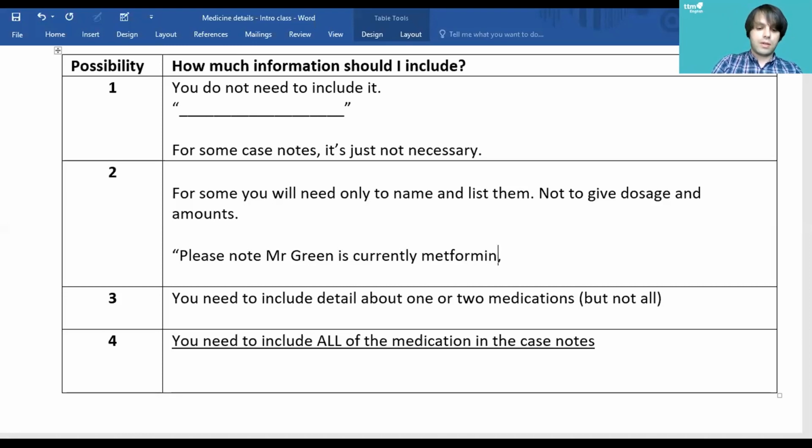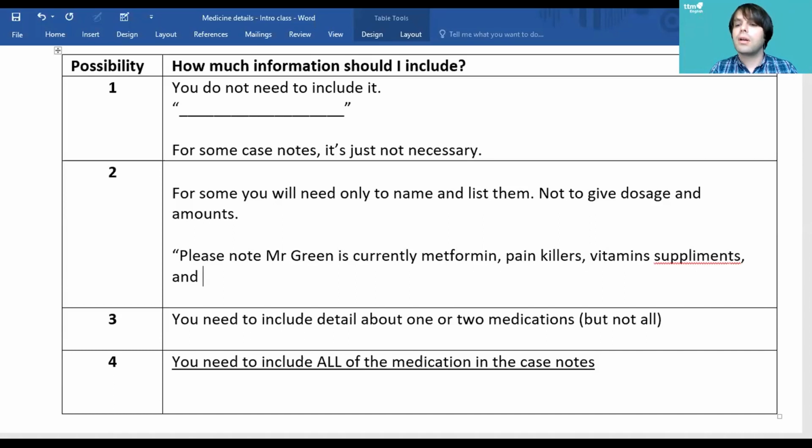Metformin. Painkillers. Vitamin supplements. Antihypertensives.